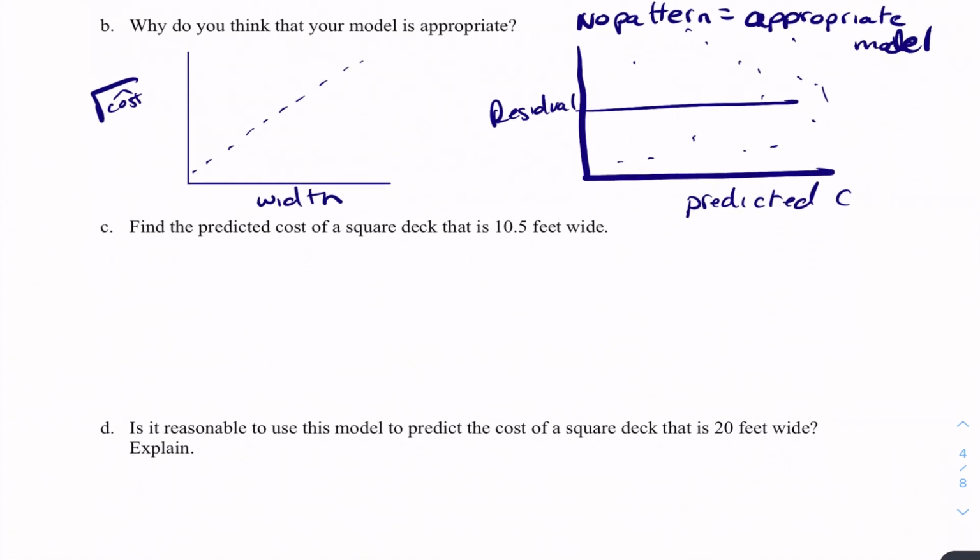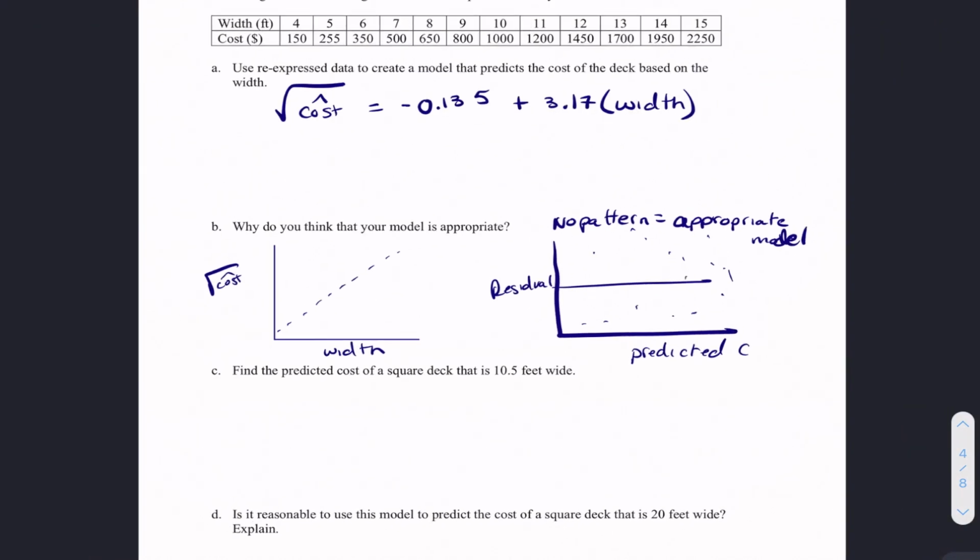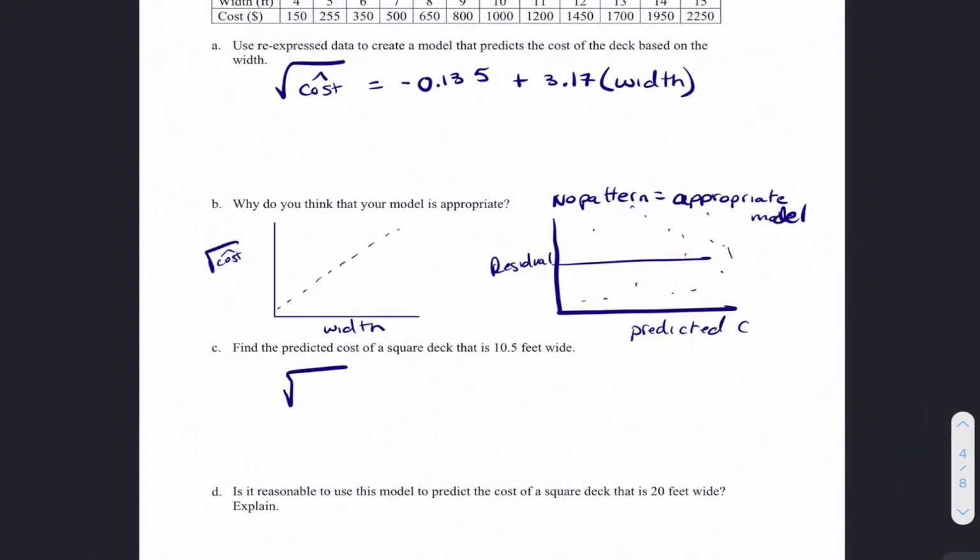Okay, part C. Find the predicted cost of a square deck that is a width of 10.5 feet. So what we want is to plug in 10.5 into our function. So we have square root cost equals negative 0.135 plus 3.17 parentheses 10.5. Now I'm going to switch over to my calculator.